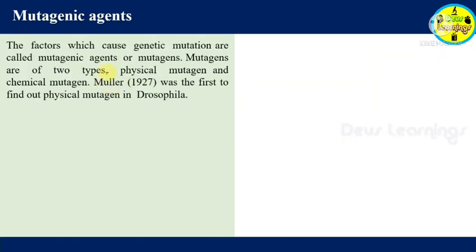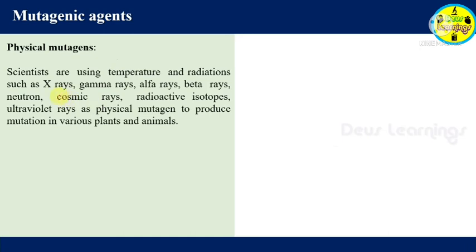Then mutagenic agents next. Mutagenic agents are those agents which cause mutation. It was first studied by Muller in 1927 in Drosophila using a physical mutagen. Physical mutagens, for example, are temperature and radiation such as X-rays, gamma rays, alpha rays, beta rays, neutrons, cosmic rays, radioactive isotopes, and ultraviolet rays, which are used to produce mutation in various plants and animals.